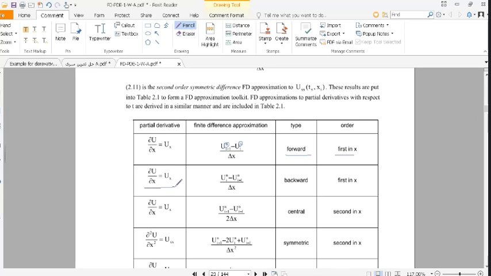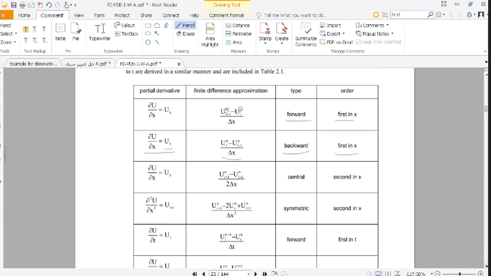The next row we have round u over round x, or u respect x. The first difference approximation is backward, and the order of error is first respect x, and the formula is u i n minus u i minus 1 n over delta x.